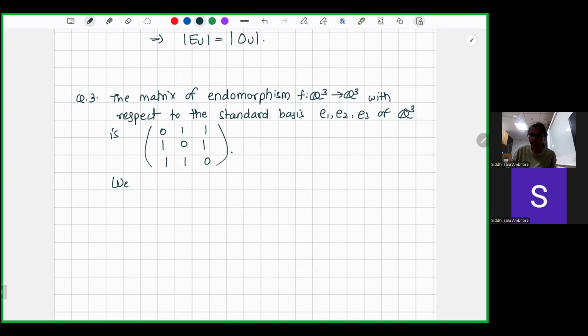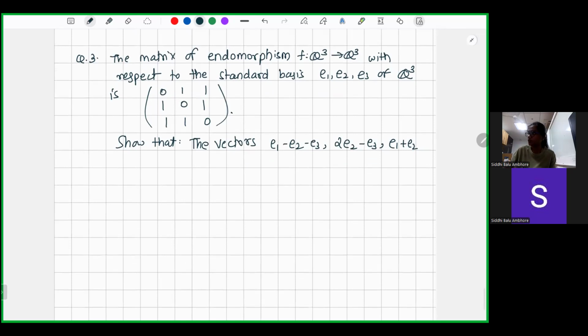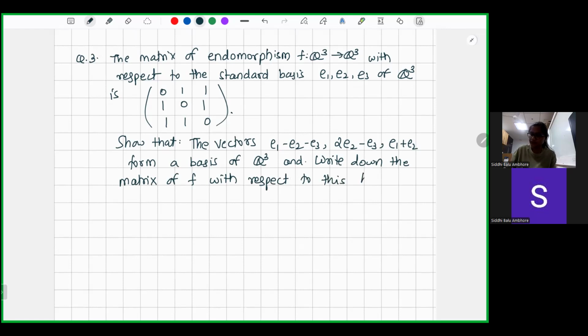Okay, and we have to show that the vectors E1 minus E2 minus E3, 2E2 minus E3, and E1 plus E2 form a basis of Q3, and we are asked to write the matrix of F with respect to this basis.